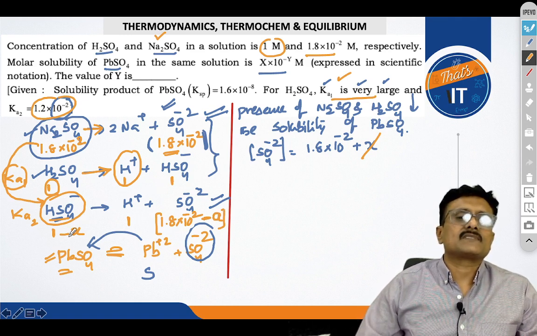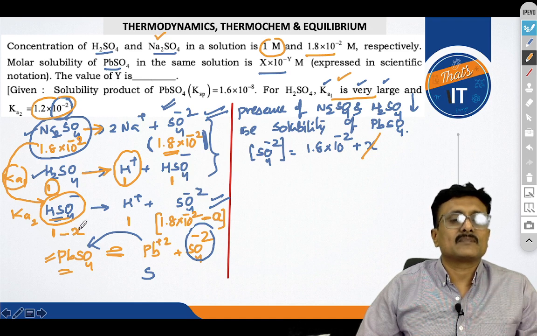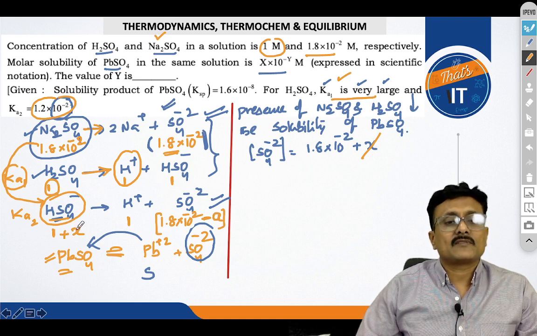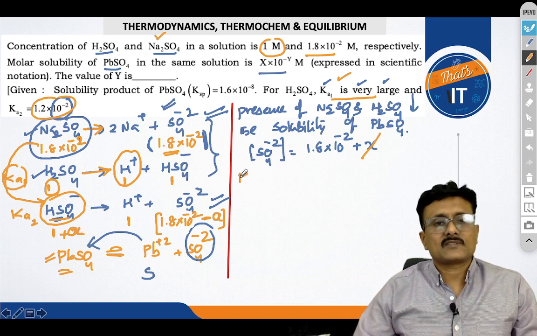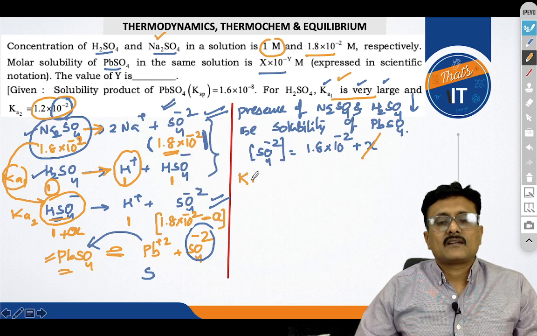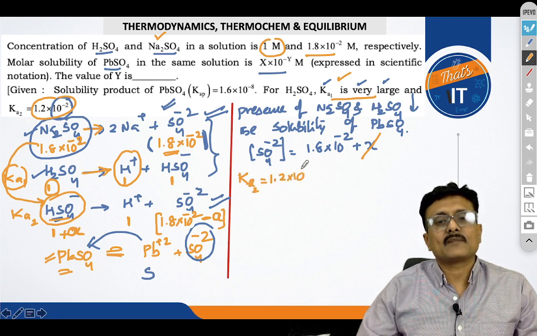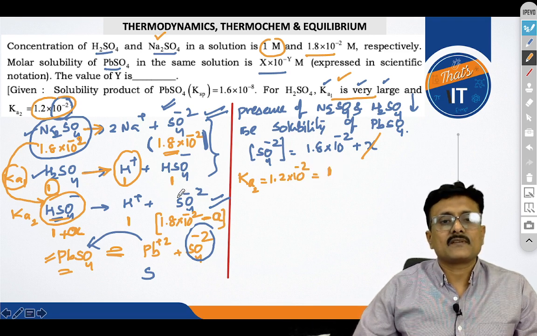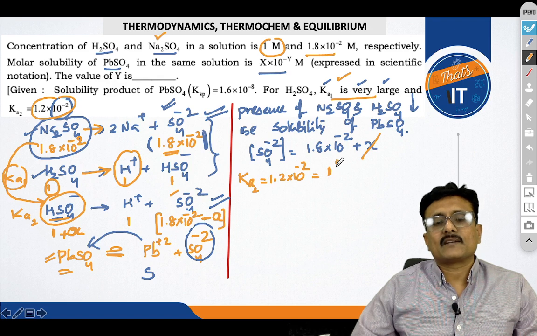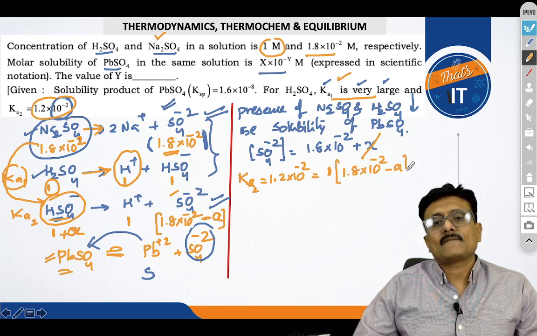So since this has shifted in the backward direction, the number of moles of HSO4 minus produced is 1 plus A. Therefore, I will take the second dissociation of H2SO4, that is Ka2, whose value is 1.2 into 10 power minus 2, equal to the concentration of H+ into the concentration of SO4 2 minus, that is 1.8 into 10 power minus 2 minus A.